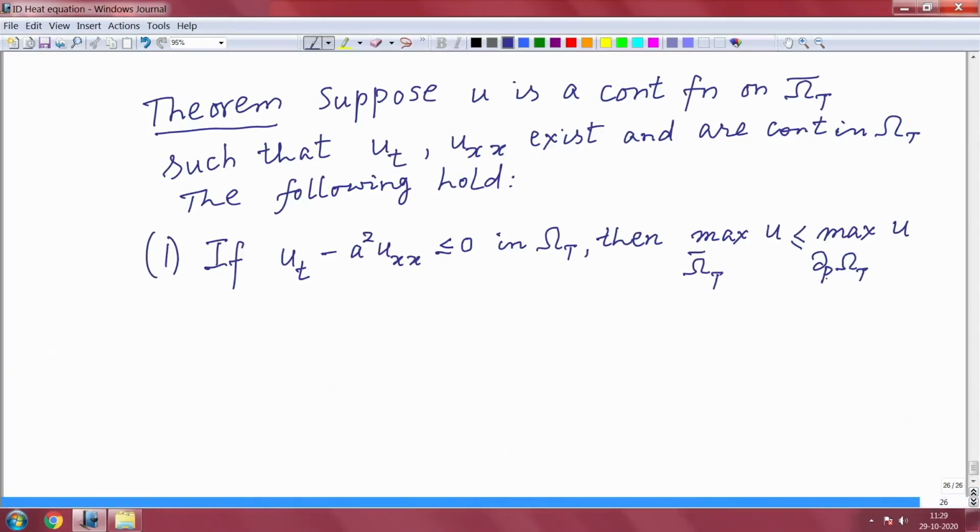Of course, this does not rule out that u may attain its maximum even somewhere in omega t, but it will not be more than the maximum that occurs on the parabolic boundary.